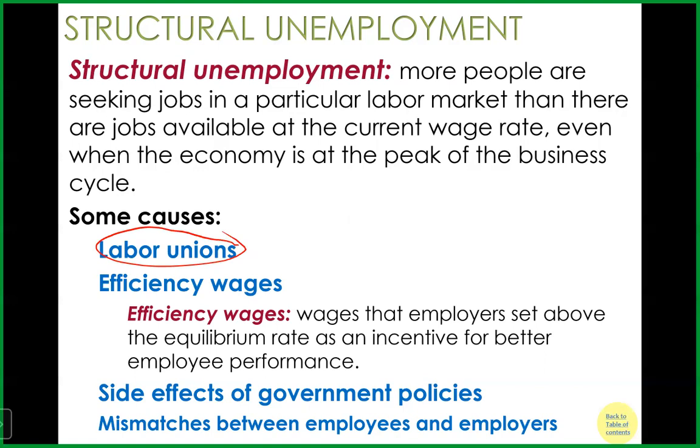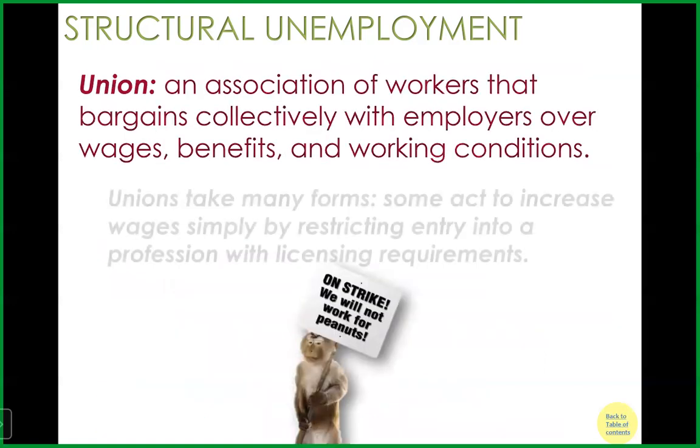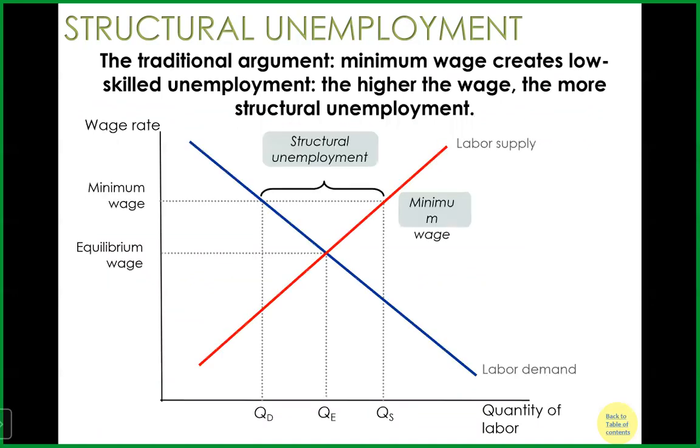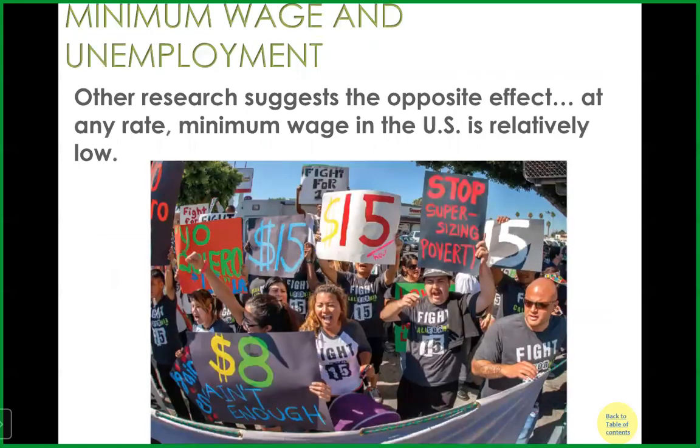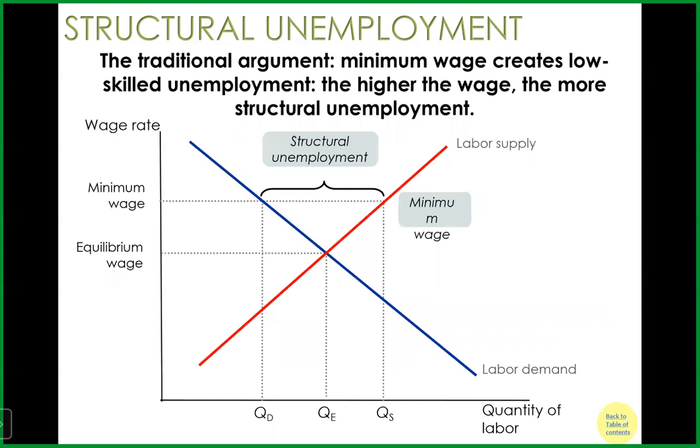In other words, usually the labor union tries to raise the wage, but this artificial higher wage is going to create a surplus. This is how a labor union can create structural unemployment.